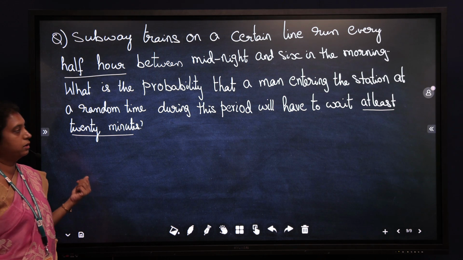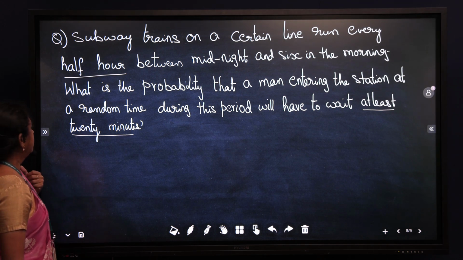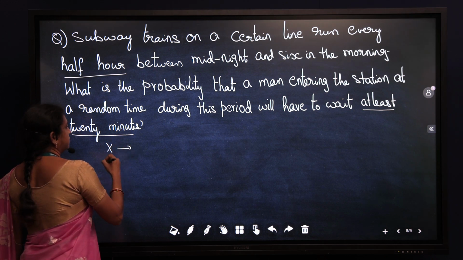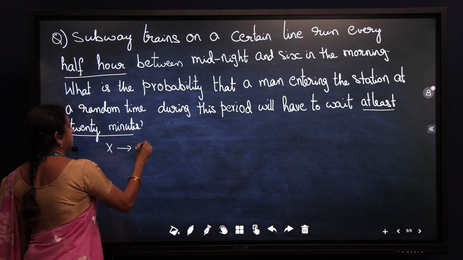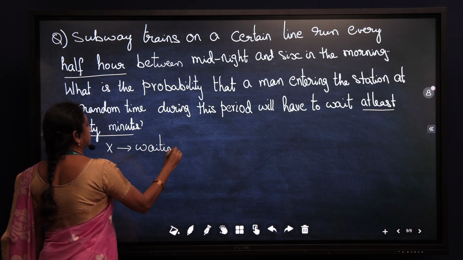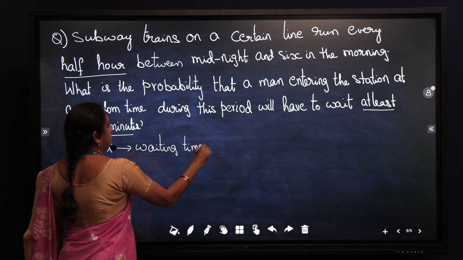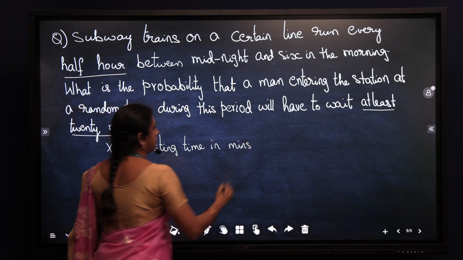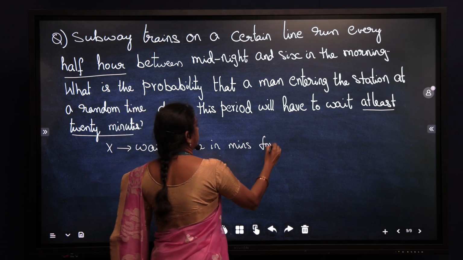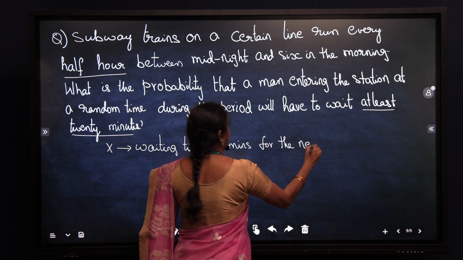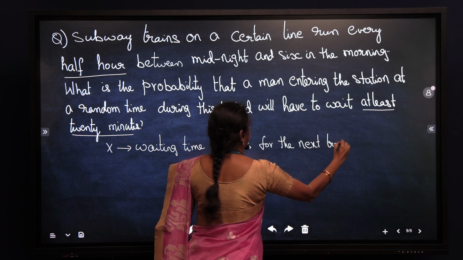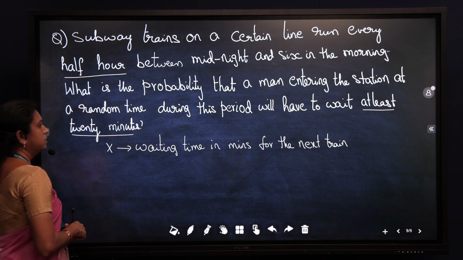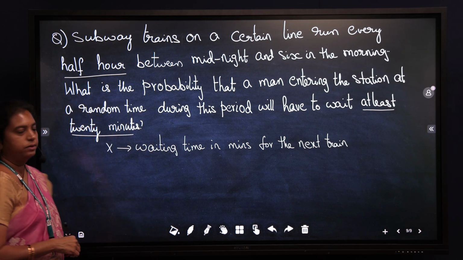So first we have to write down what are the values of a and b. Before that, we'll define the random variable x as waiting time in minutes for the next train. Assuming that the man arrives randomly to the station, x is uniformly distributed.